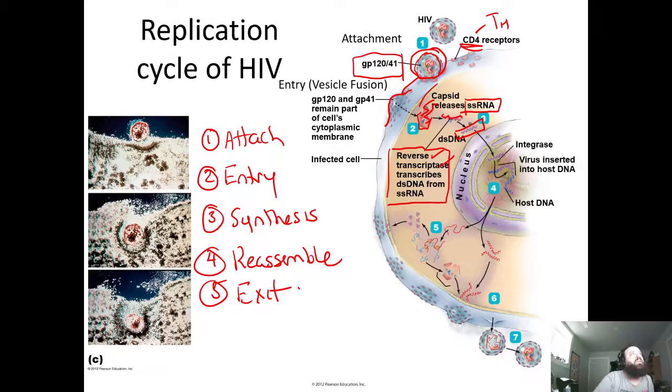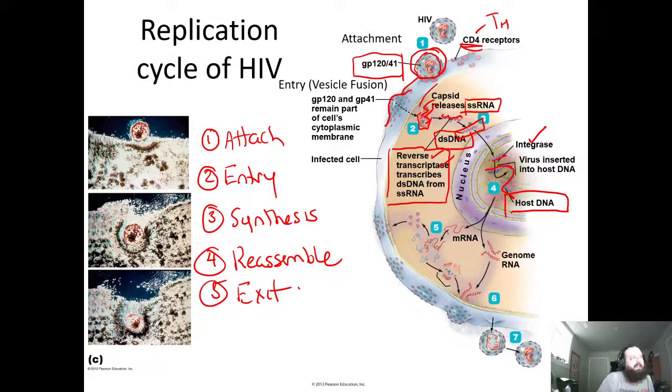And so now that integrase protein that's also packaged with the virus is going to essentially cut and paste the viral double-stranded DNA into our chromosomes. So now the viral DNA is part of the chromosome of the cell, and as the cell replicates and divides and makes copies of its nucleic acids, it will also make copies of the viral nucleic acid. So our viral DNA is now in the host DNA, so this is a pretty insidious system.